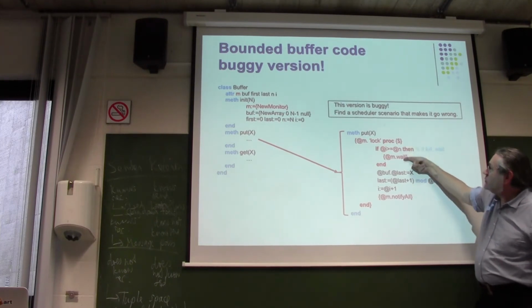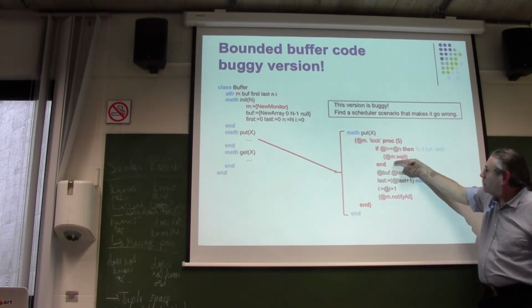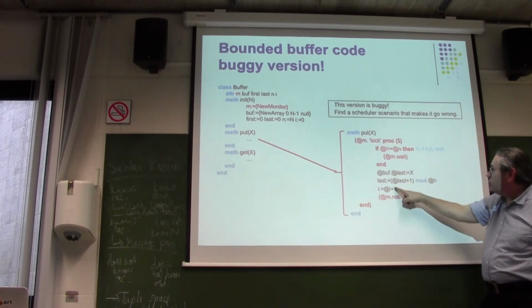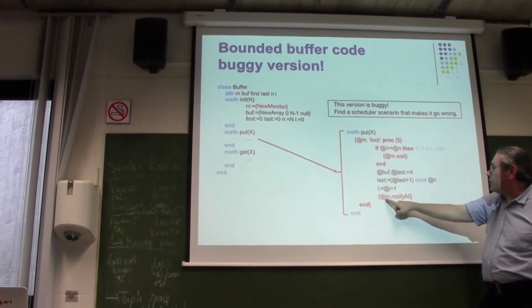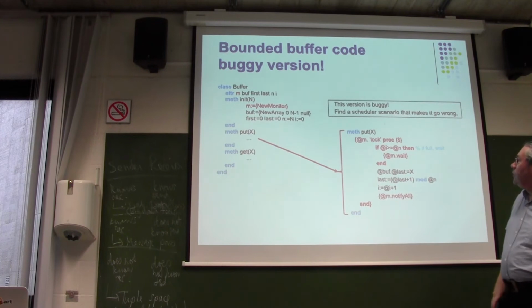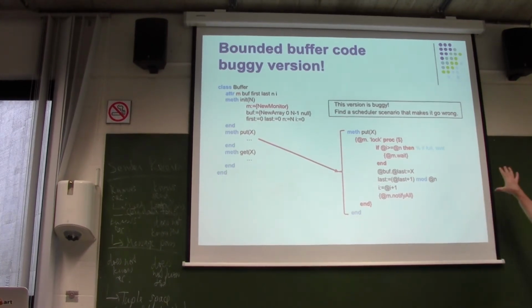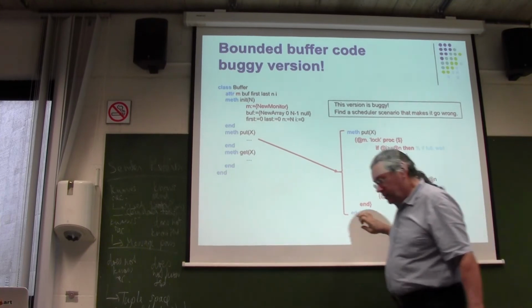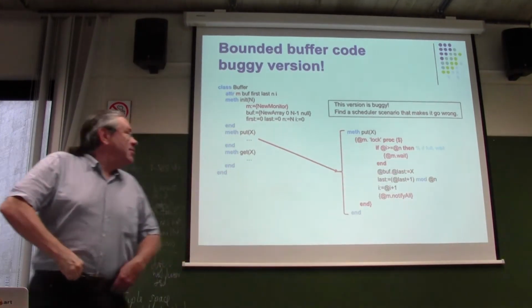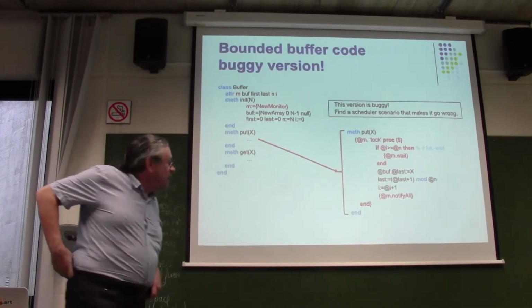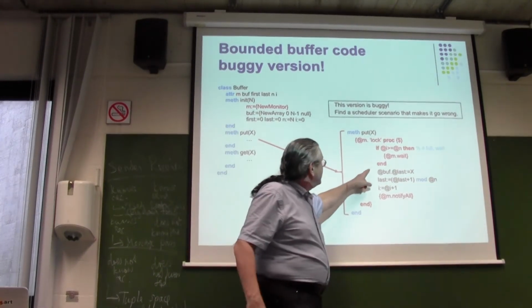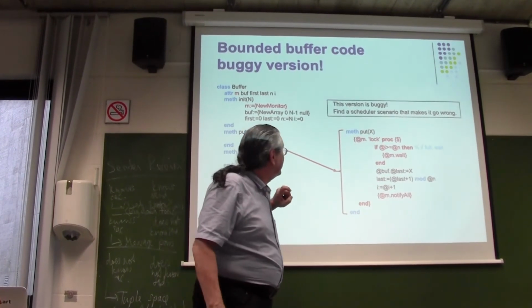Okay, and then when it's not full, the wait continues. It adds the element, and then it does notify all. This seems reasonable, right? But this one is buggy. So I want you to see if you can figure out why this one is buggy.